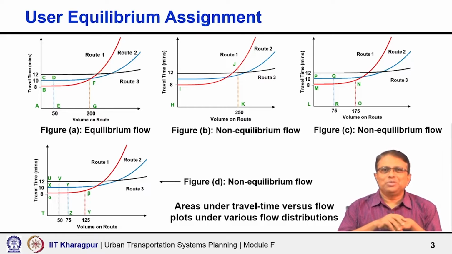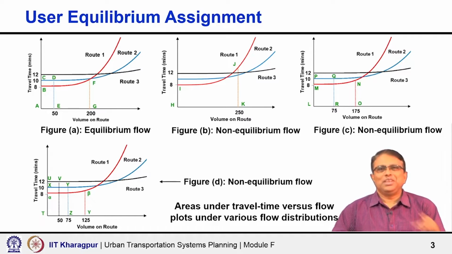If I can get the solution which minimizes this area, then whatever my flows or distribution of demand on different routes, that is my optimal solution, my equilibrium flows under user equilibrium. So, let us go to that.